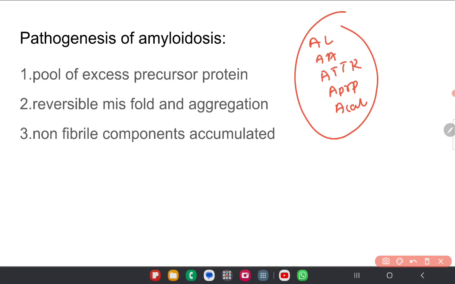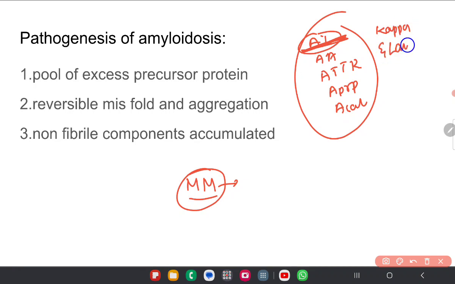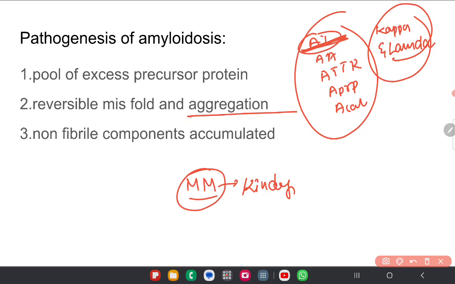It may be aggregated, for example, in multiple myeloma. In multiple myeloma, the AL chains are nothing but kappa and lambda chains. Lambda chains are mostly accumulated in the kidney. These are excess precursor proteins, and misfolding and aggregation of these proteins takes place.